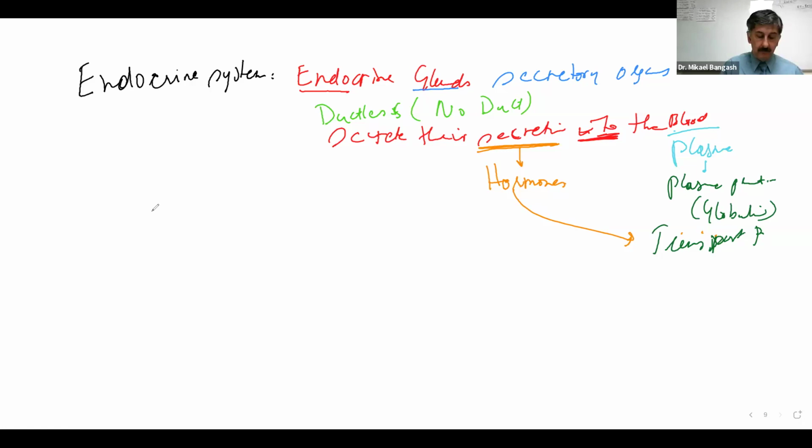Now, guys, there's going to be a couple of organs, a couple of glands in the endocrine system. But we'll just focus on three of those. The first one, pretty much the main gland of your endocrine system, is going to be the pituitary.